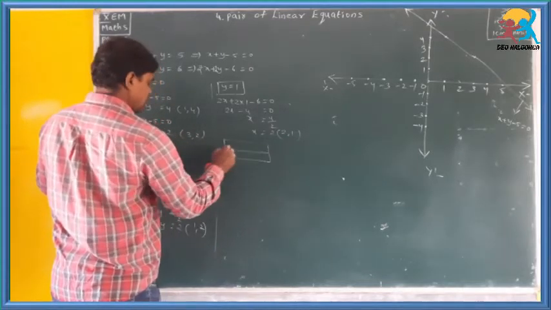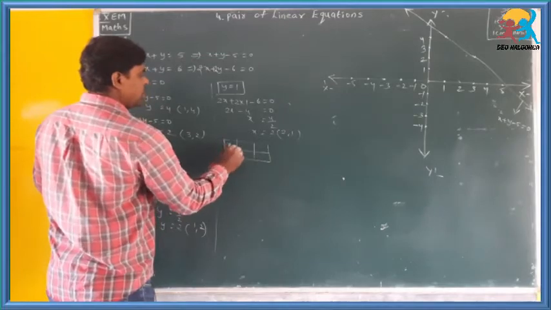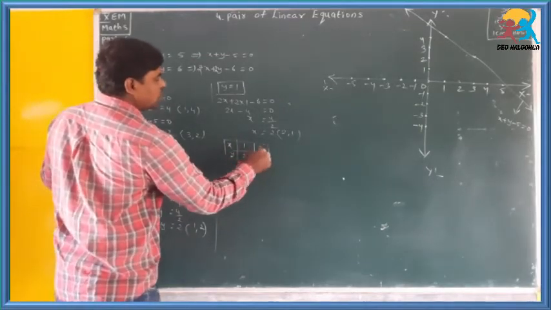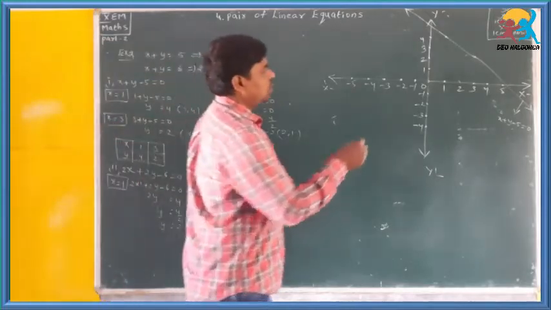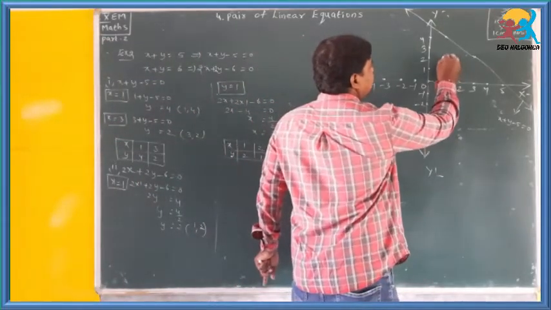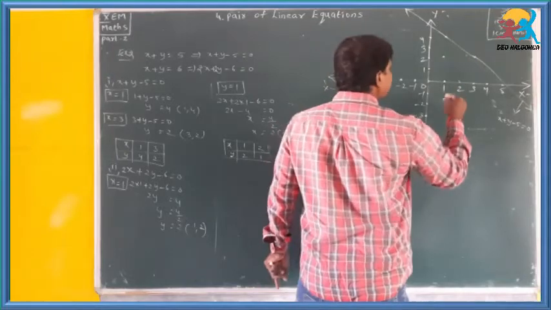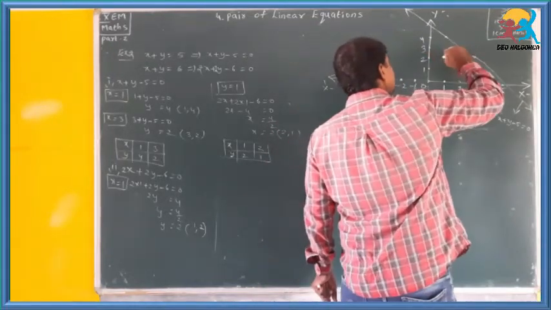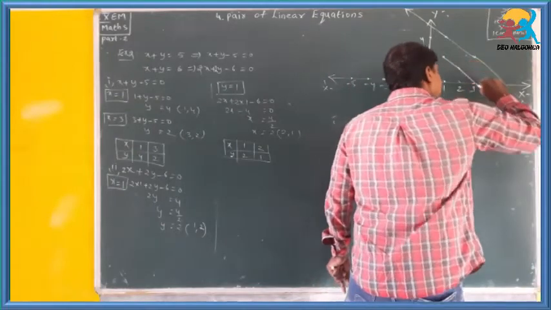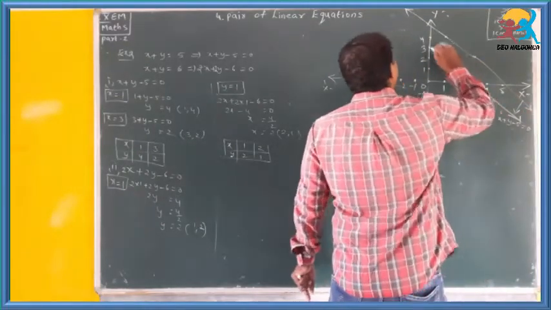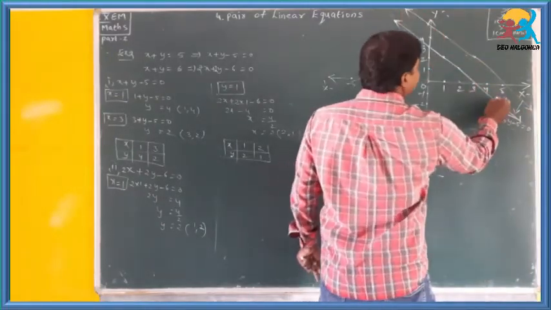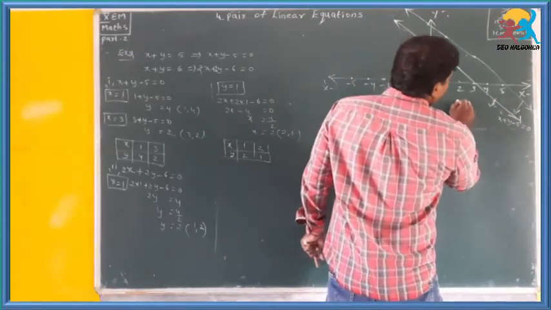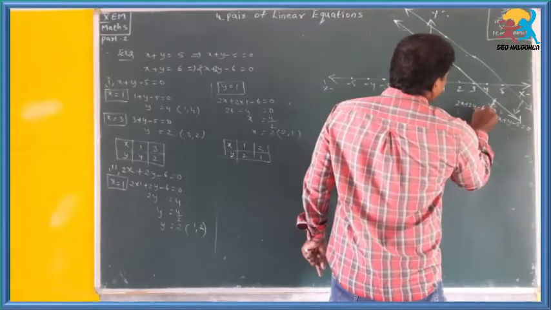Then draw the graph with x, y, and this is 1 comma 2, this is 2 comma 1. Join these two and produce. So this equation is 2x plus 2y minus 6 is equal to 0.